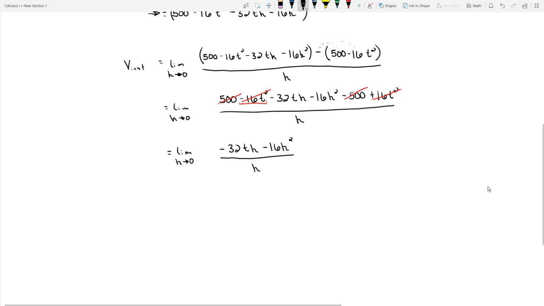We can reduce from here, or if your algebra is a little rusty, let's show you for the numerator. For the numerator, we're going to factor out an h. Yes, we could factor out our lead coefficients here of 32 and 16, but we don't need to. We're really just concerned with eliminating h in the denominator. Do not create more work for yourself. So negative 32th minus 16h squared, and we're going to factor out that h.